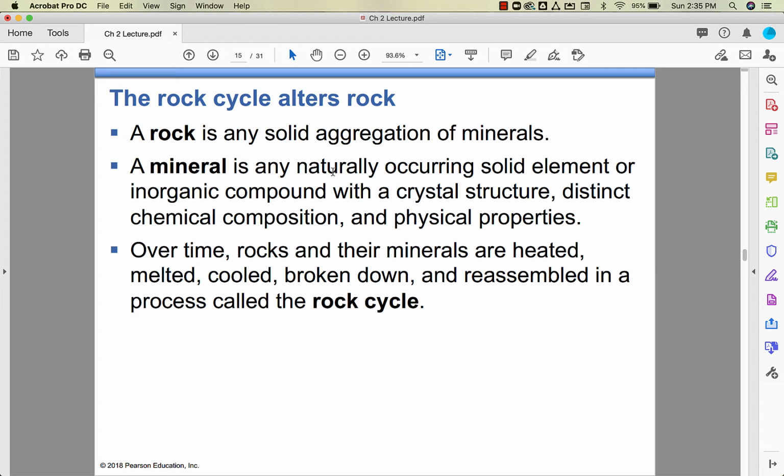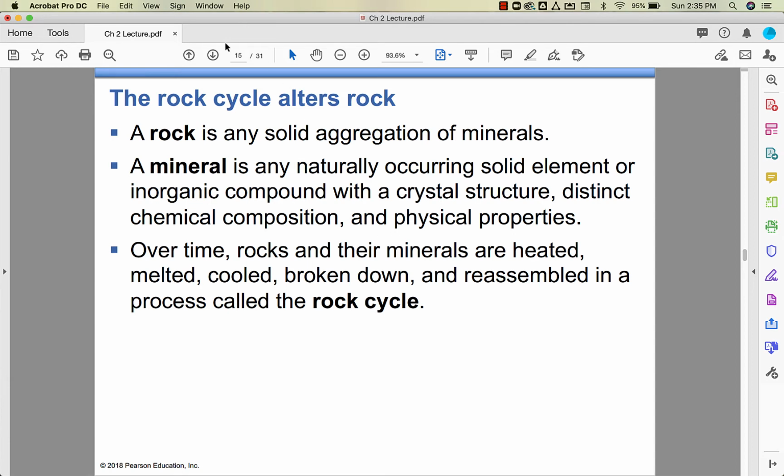You put a bunch of minerals together and you get a rock. It's just simple. So minerals are the building blocks of rocks. Over time, rocks and minerals go through this process called the rock cycle, okay? That takes rock and melts it, breaks it down, reassembles it, heats it, cools it, all of these things.